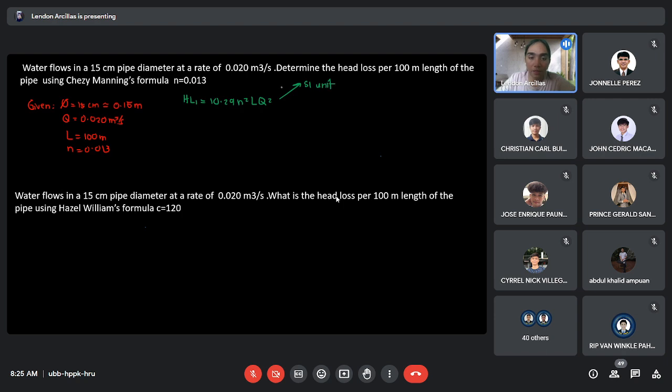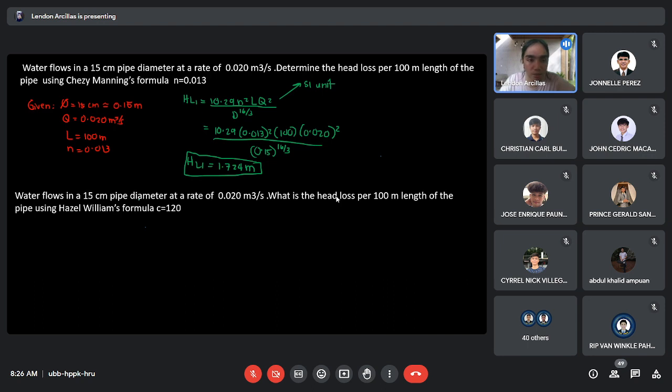So, may equivalent siya sa English unit. D raised to 16 over 3. Substitute. So that is the head loss one in terms of Chesney Manning.